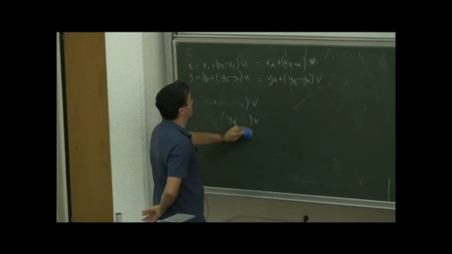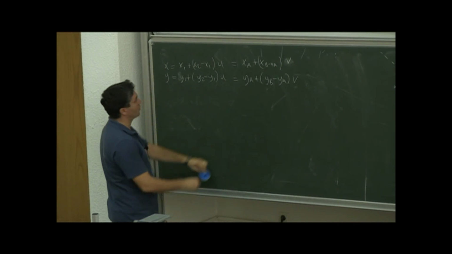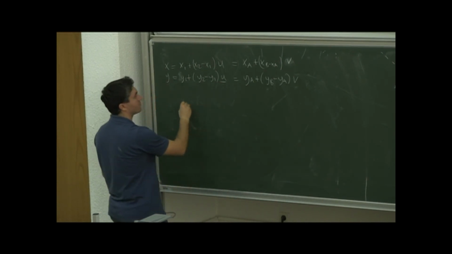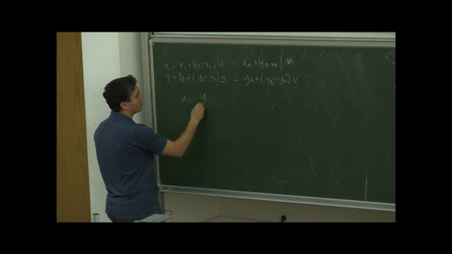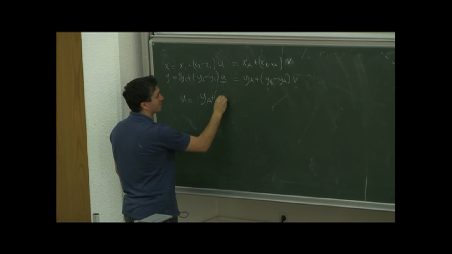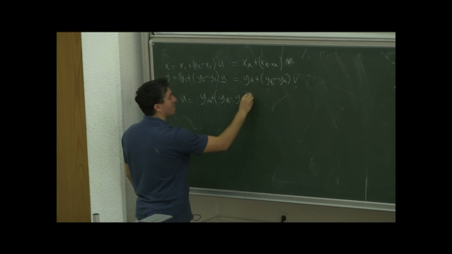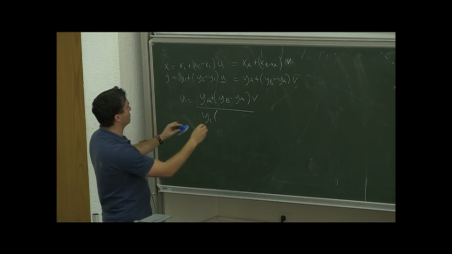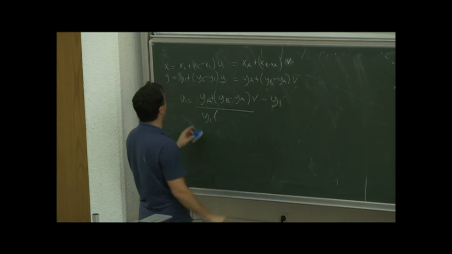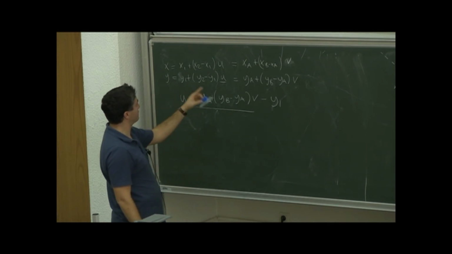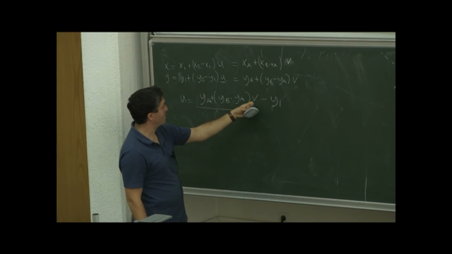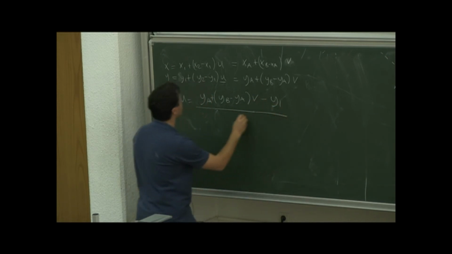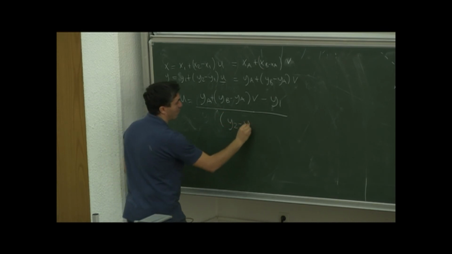Let's see. So u is going to be equal to, u is equal to ya plus (yb minus ya) v, minus y1, divided by y2 minus y1.